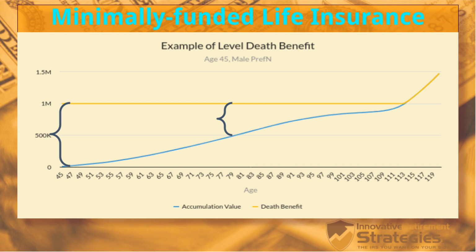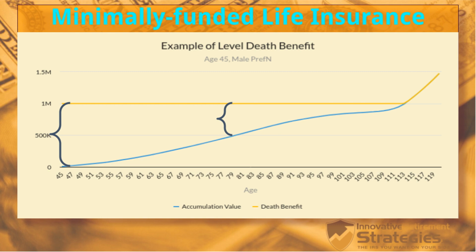So yes, while you get older, the cost of insurance goes up each and every year because you get one year closer to your mortality. But by the same token, the amount at risk to the insurance company is going down. So in a properly designed policy, it's intended that between the premium and the growth of the cash value, the cost of insurance covering that gap is always accounted for.